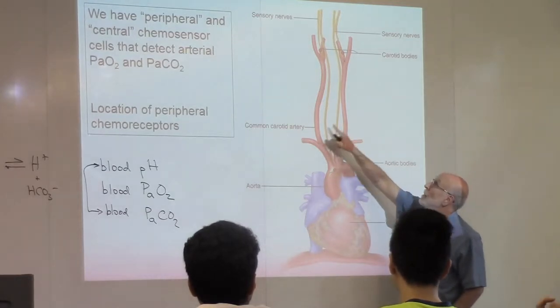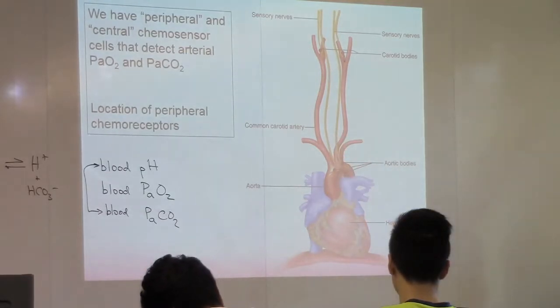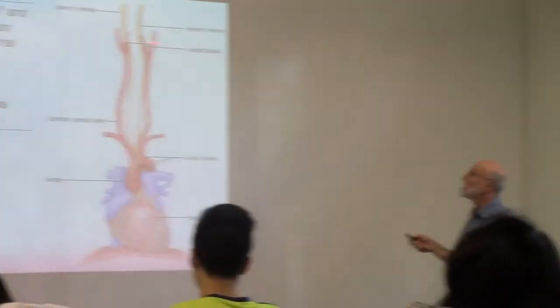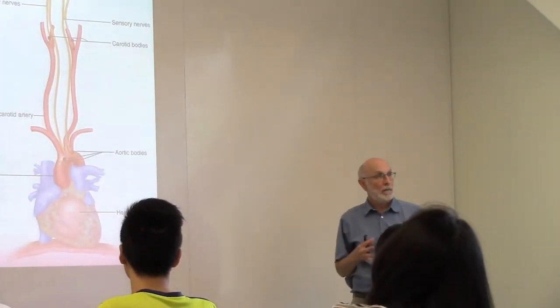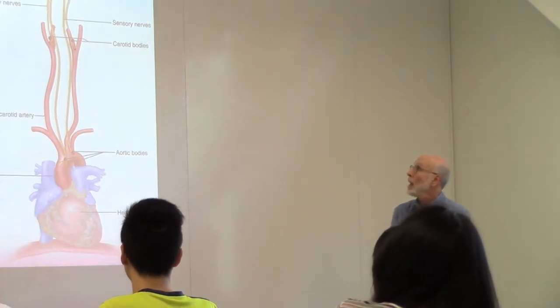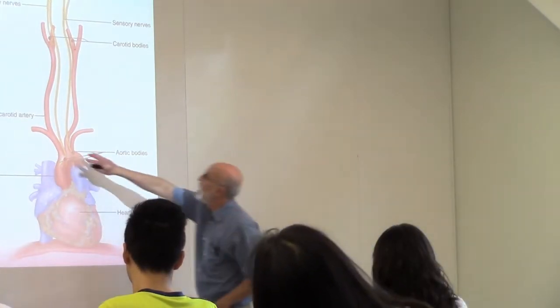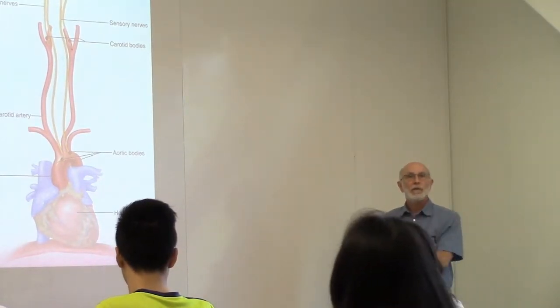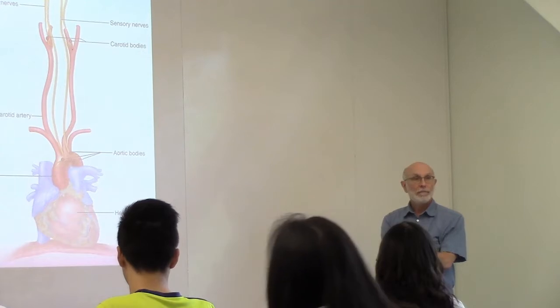So the two common carotid arteries, both the right and the left, split into the internal and the external. And at that split is where carotid bodies are that are neurons. They detect chemicals. And the yellow lines here are the nerves that take action potentials from those sensory cells to the brain.